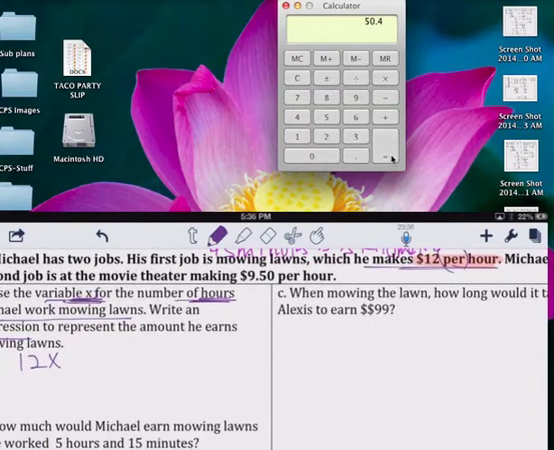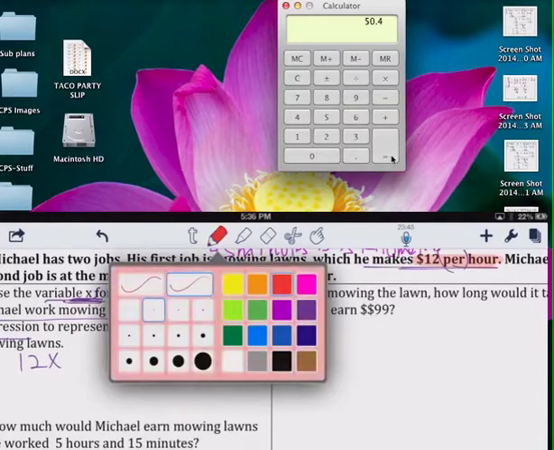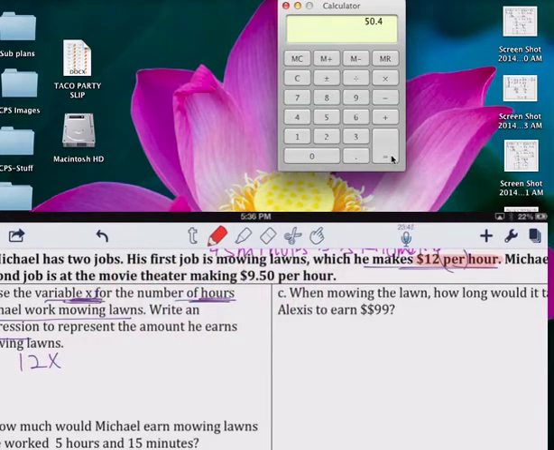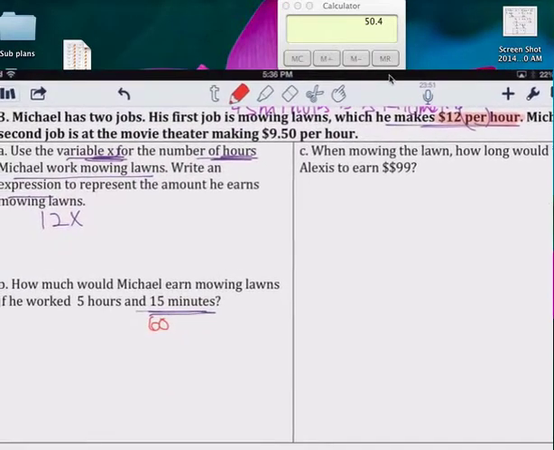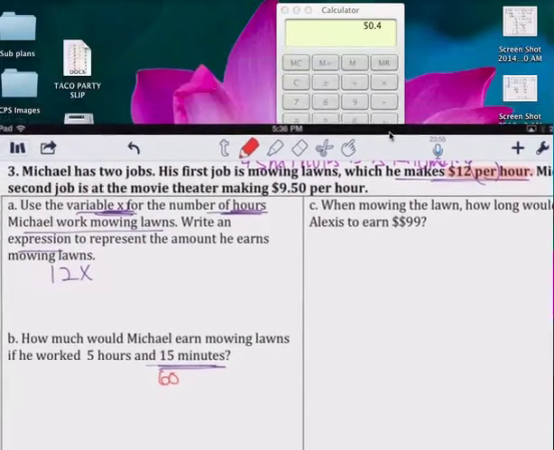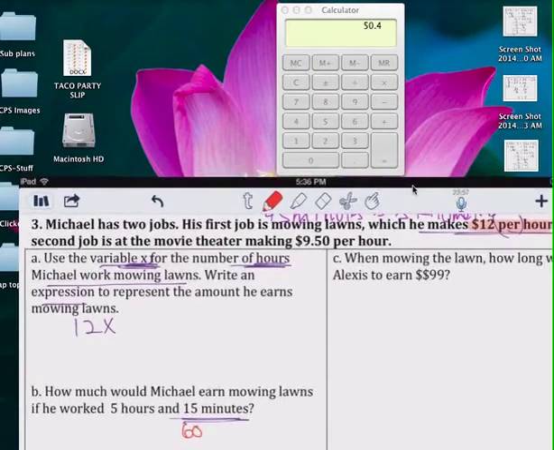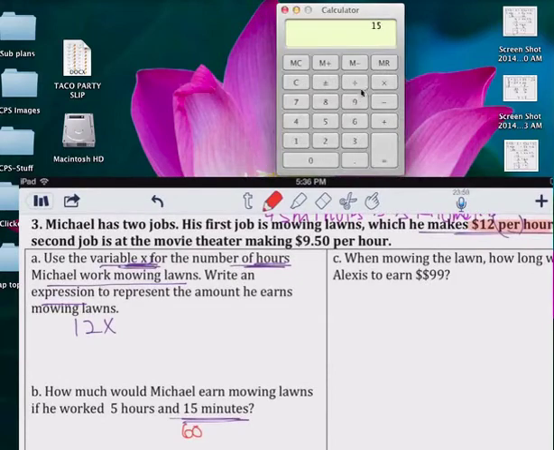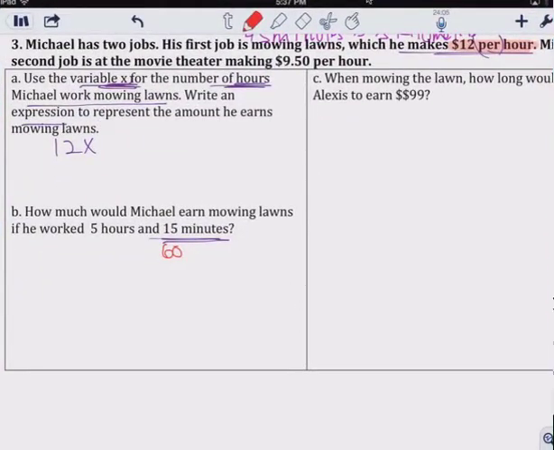How much would Michael earn mowing lawns if he worked 5 hours and 15 minutes? Now, you need to make this into a decimal in order to multiply. You cannot multiply if it's not a decimal. So that's over 60. Calculator. 15 divided by 60 equals 0.25.